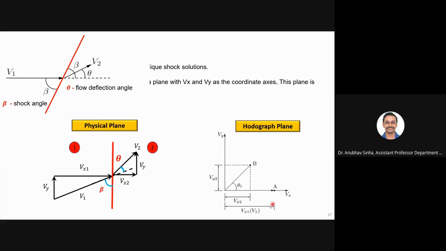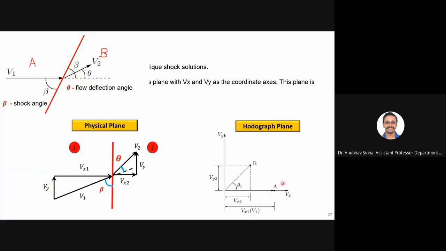So I can say that this is my point A. Point A is before the shock. Let us say for this side of the shock, I say this is vector A and this side is vector B.